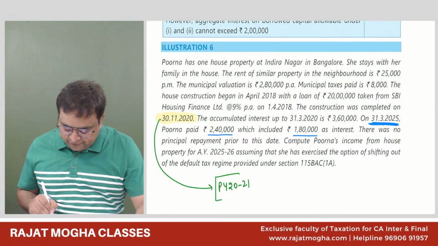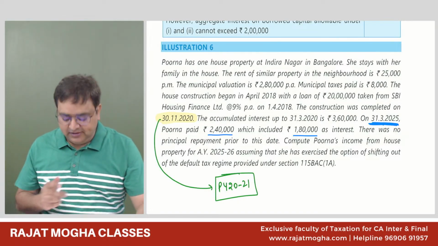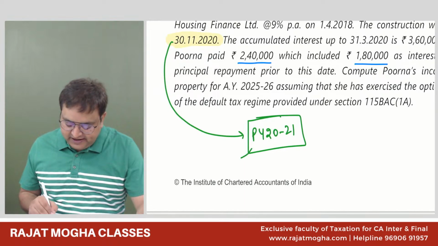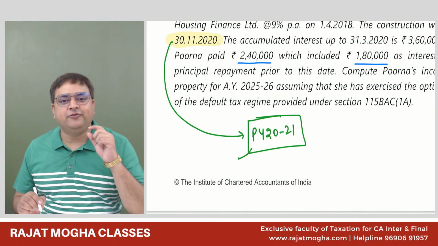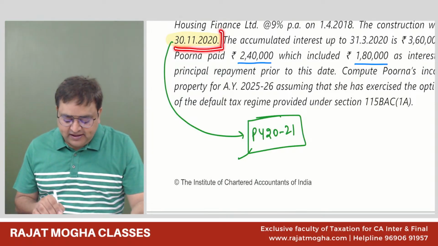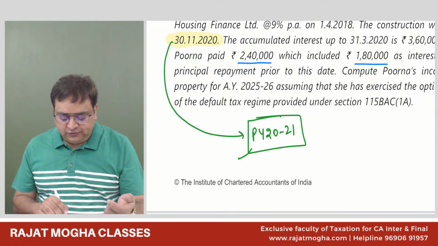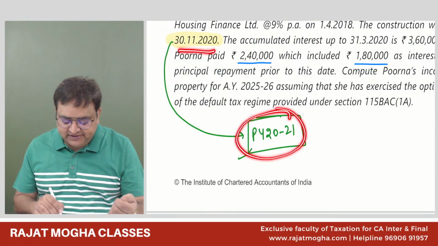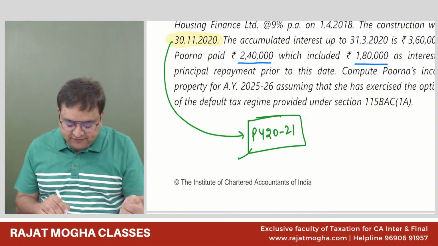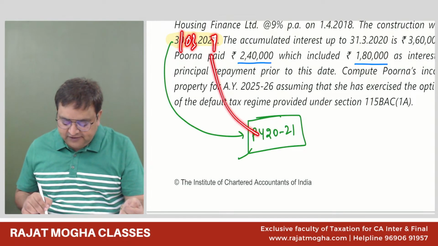Guys, we don't have to take this previous year in the pre-construction period, only before that. So I'm repeating, you have to see on which date my house is getting completed and in which previous year this date falls. Even if this would have been 31st of March 2021, this date would still fall in the same year.